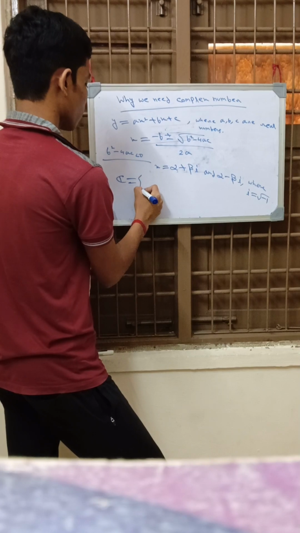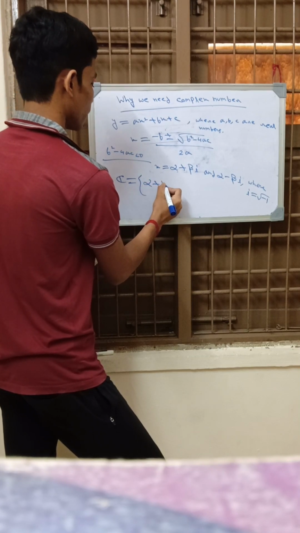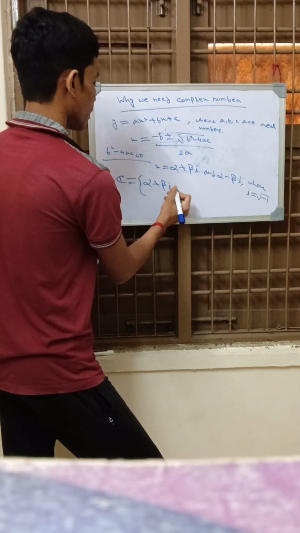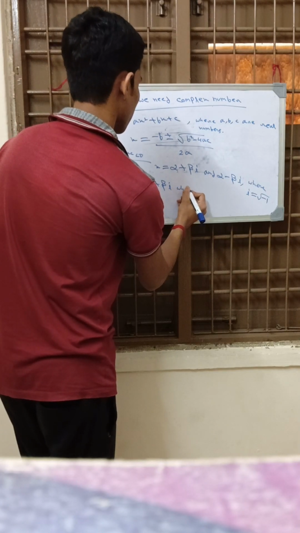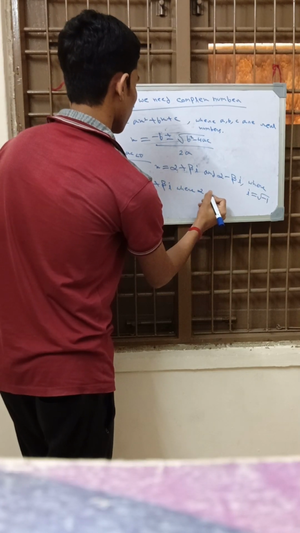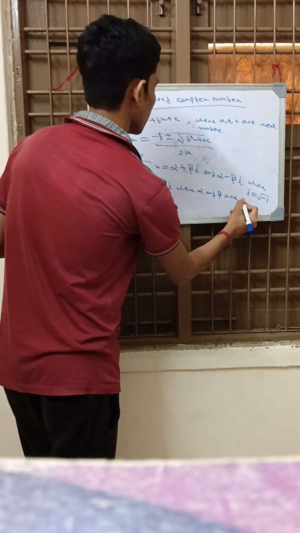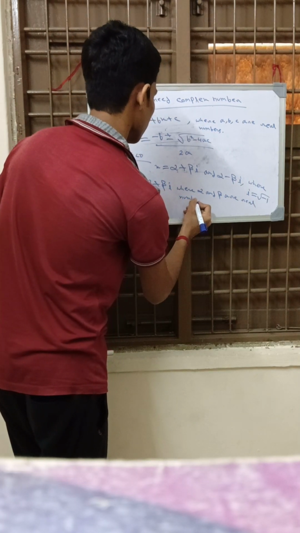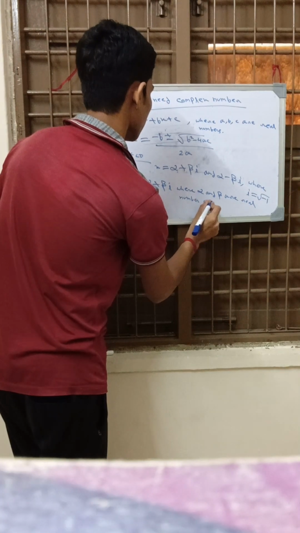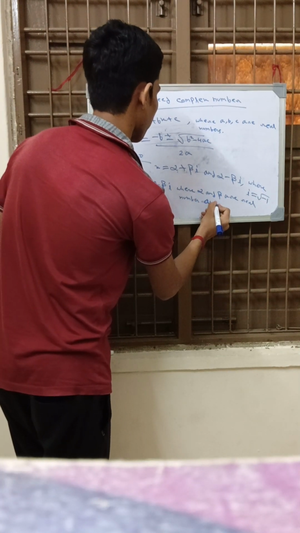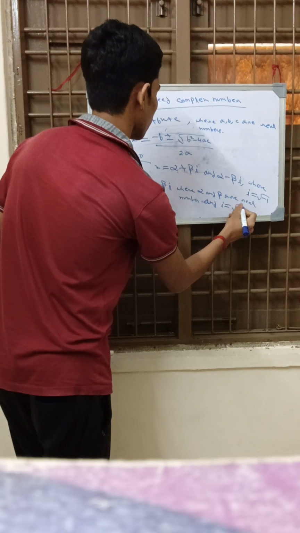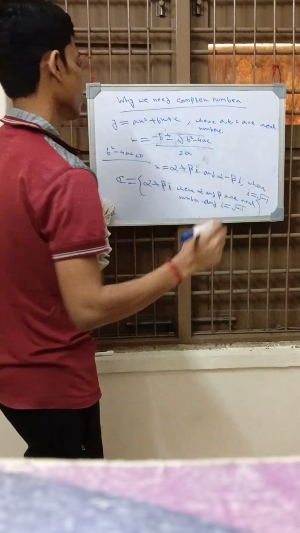So it looks like alpha plus beta i, where alpha and beta are real numbers and i equals square root of minus 1.